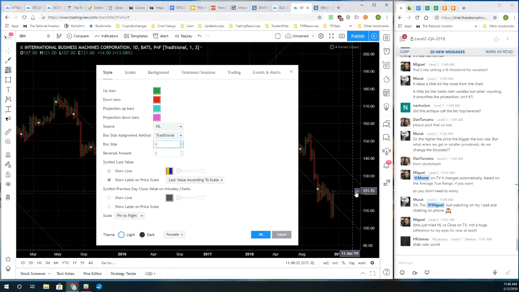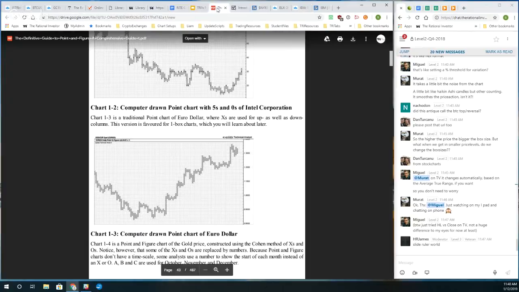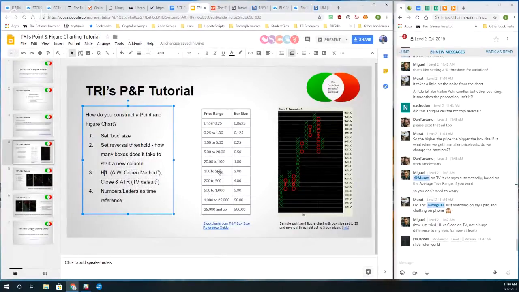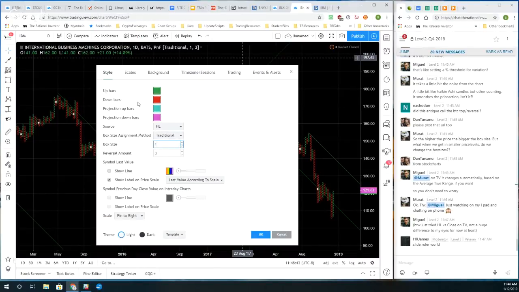We can see that the asset price of IBM is $121. You could say, well, 121, it's borderline between 100 and 200. So just for the purposes of today's conversation, I've set it to 1, but you could easily set it to 2 if you wanted to. It's not that big of a deal. But the point of the matter here is just trying to explain how this is set up.